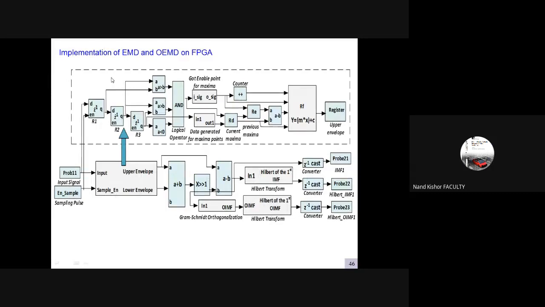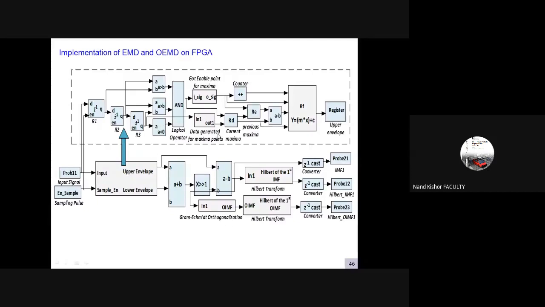And then we also have the implementation of EMD and orthogonal EMD on FPGA. It is this block here. As I said, you get a signal, and then it goes through the extraction of IMFs, with the upper envelope and the lower envelope. In this block, you have the comparison of the maxima and the minima, storing in registers and so on.